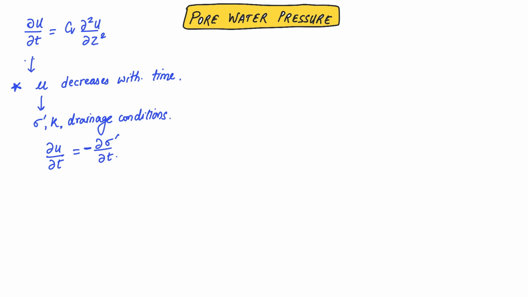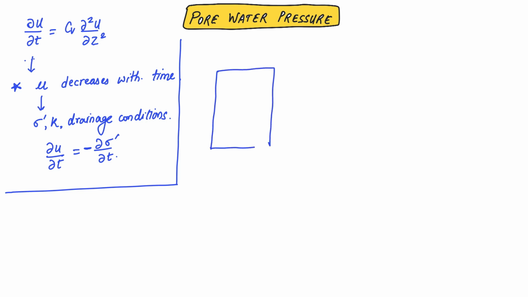Now let us talk about the second term, and the second term is showing you the variation of pore water pressure with respect to the thickness or with respect to the depth. So let us assume that this is the soil sample and it is surrounded by some porous stones on both the faces.